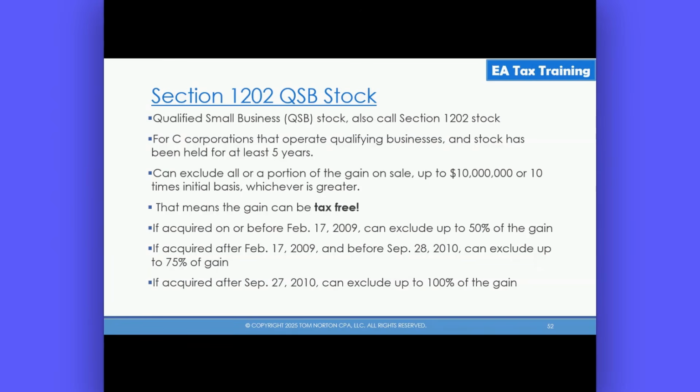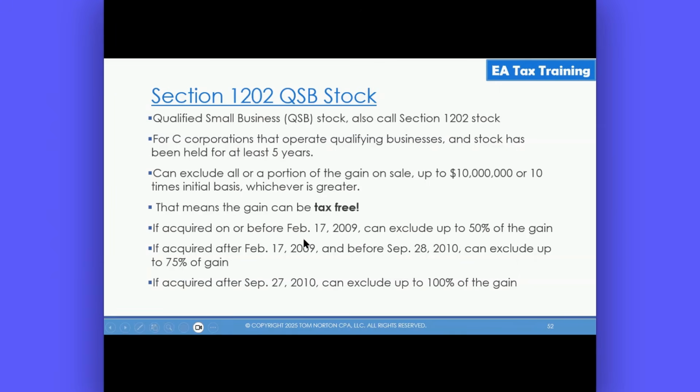Up to $10 million or 10 times the initial basis in the stock, whichever is greater. That means the gain is tax-free. It's not that it's taxed at favorable capital gains rates. There is no tax at all on up to $10 million of the gain if you have this qualifying Section 1202 stock.